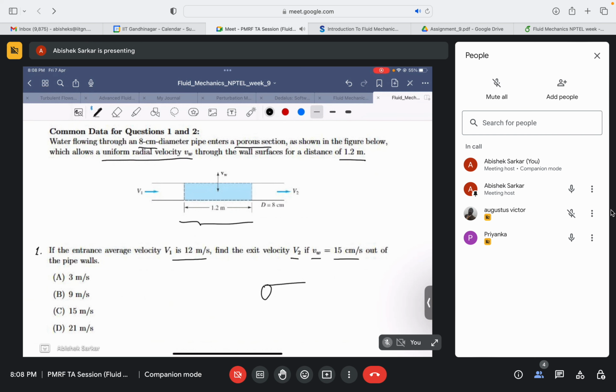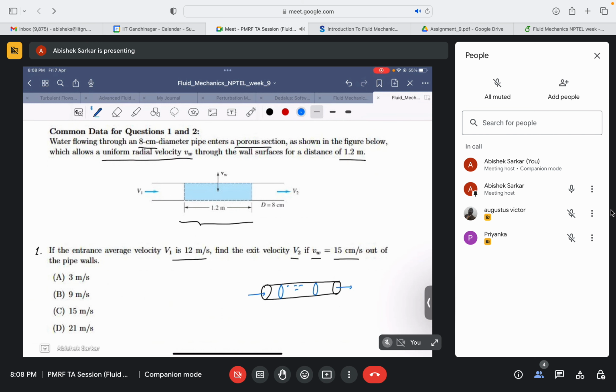In a 3D perspective, it basically means that the flow enters here and goes out from here, as well as through a section within this pipe where it is porous.